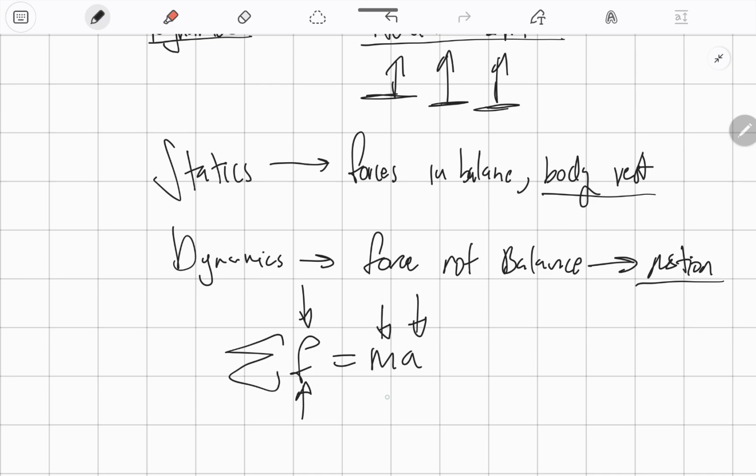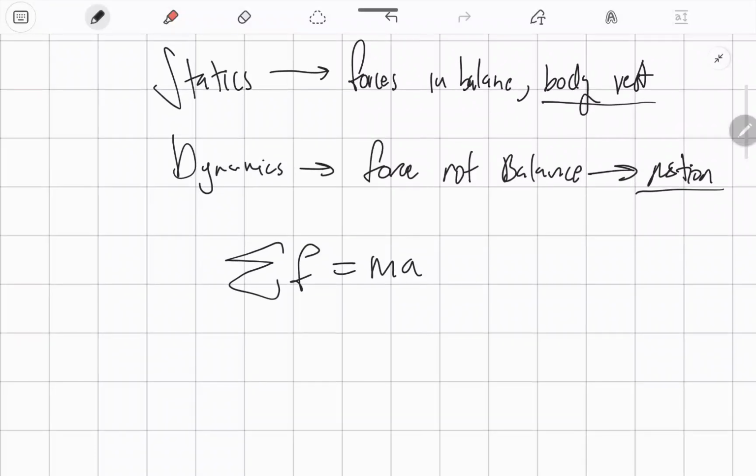Also, that acceleration will be inversely proportional to the mass and directly proportional to the force. I might not say it like the book, but you get the point of what I was trying to say here.